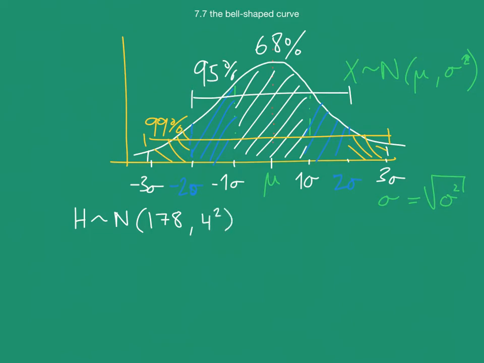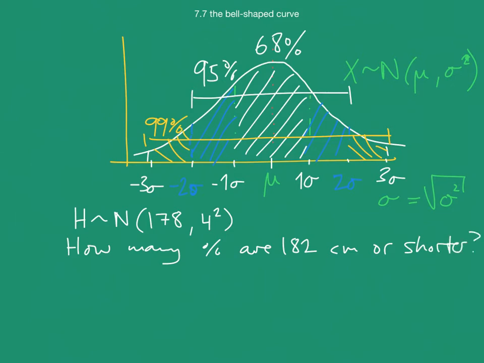So that means the standard deviation is 4. So if you get the question, how many percent are 182 centimeters or shorter?